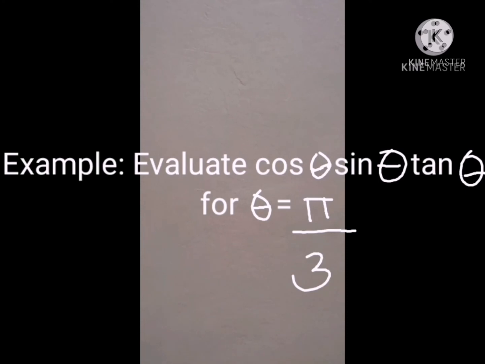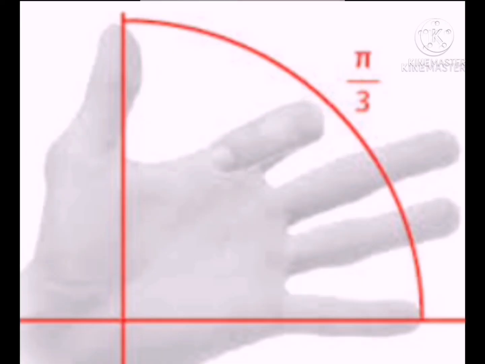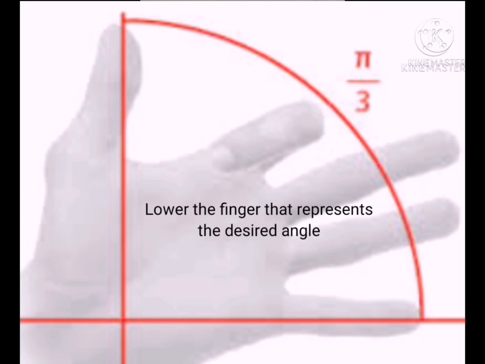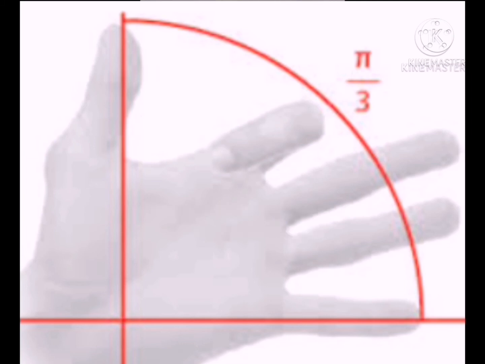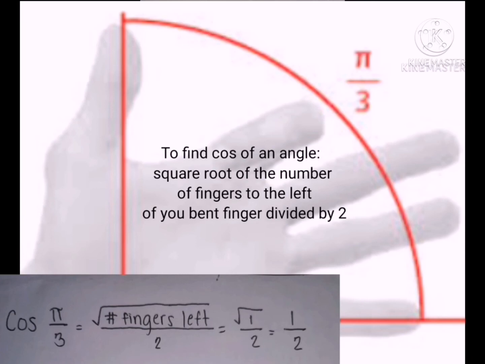Here's an example. Evaluate cos theta, sin theta, and tan theta for pi over 3. So, ito yung pi over 3 natin. Sabi kanina sa second step, lower the finger that represent the desired angle. And then sabi sa third step, to evaluate cos theta of an angle, square root of the number of fingers to the left of your bent finger divided by 2.